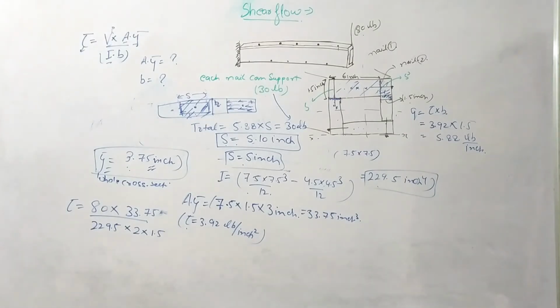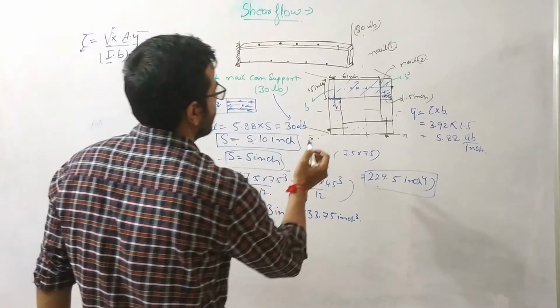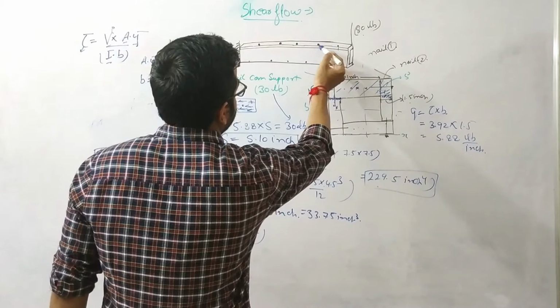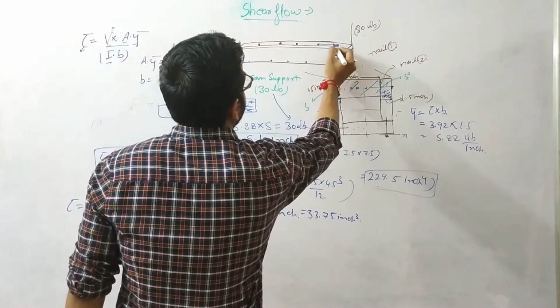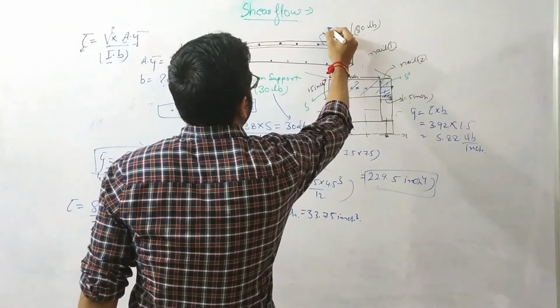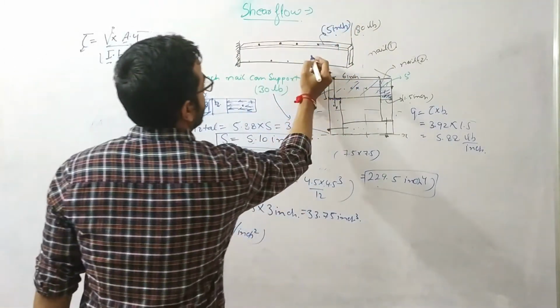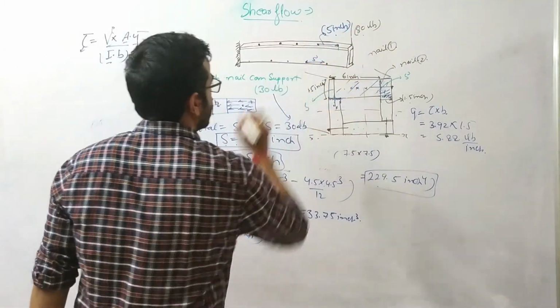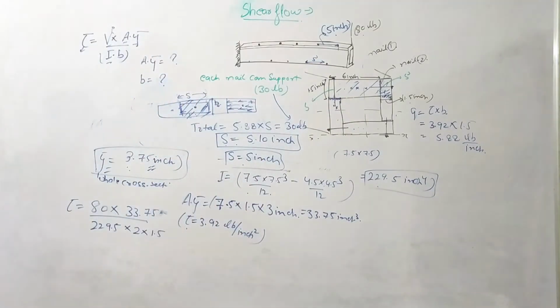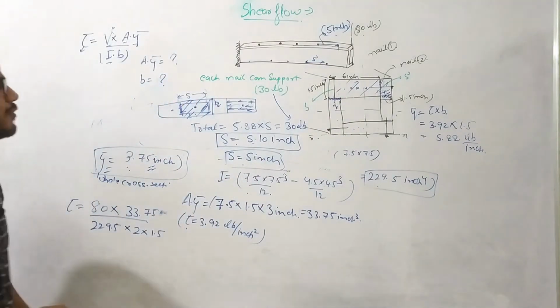So this is the thing I want to discuss over here. This is the problem. For these nails the spacing is 5 inch. Now I need to calculate what will be the spacing of these nails, S dash. I hope this problem is a little bit clear for this portion.